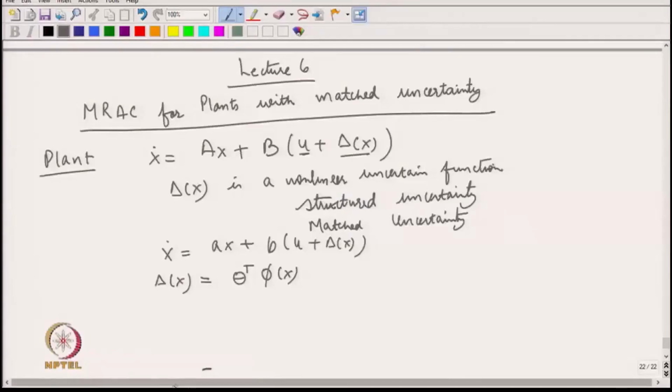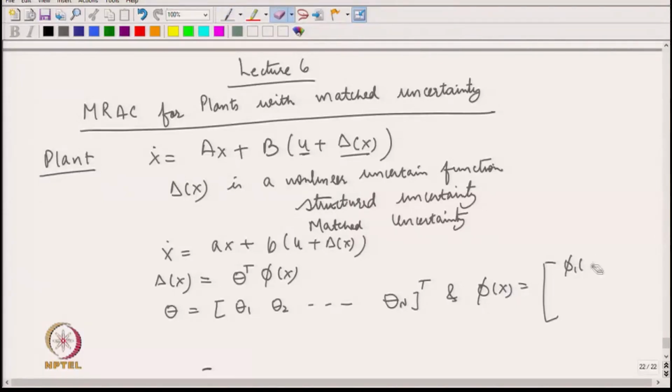So, theta is a vector of unknown parameters, defined as theta 1, theta 2 till theta n, and phi of x denotes the basis functions, and it is a vector of known basis functions: phi 1 of x, phi 2 of x.